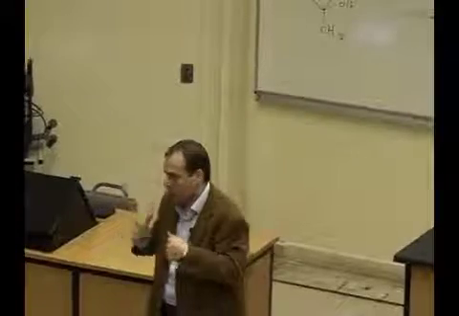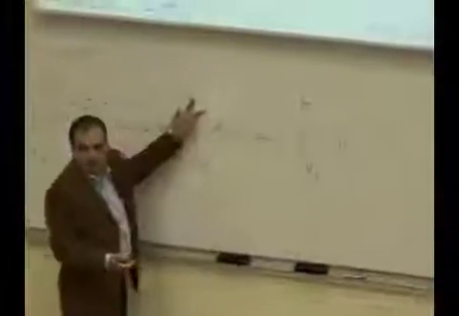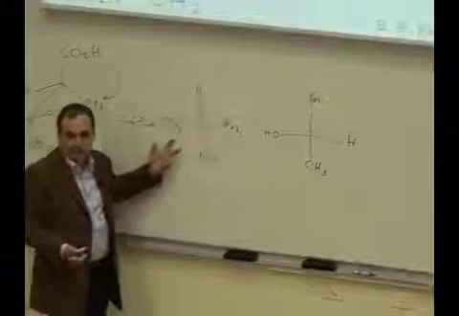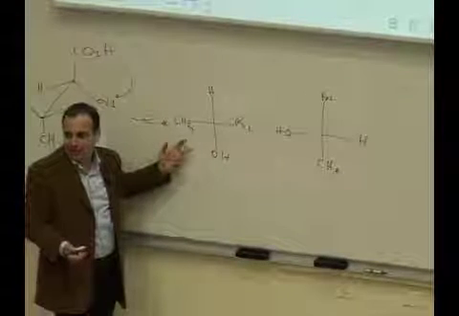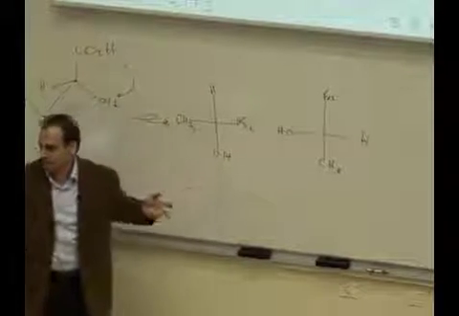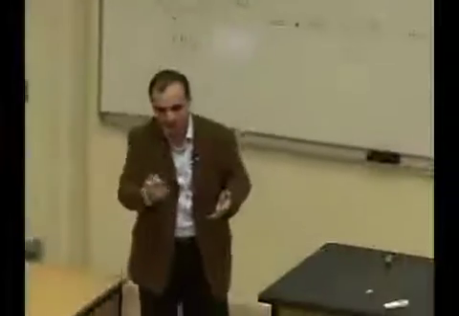Before I even did the R and S. Why? Because I moved these two groups, and I moved these two groups. Right? So R becomes S, and then S becomes R. Therefore, I am back to the start. So what is the relation between these two? It's an identical. You switch two groups, the R becomes S, S becomes R.